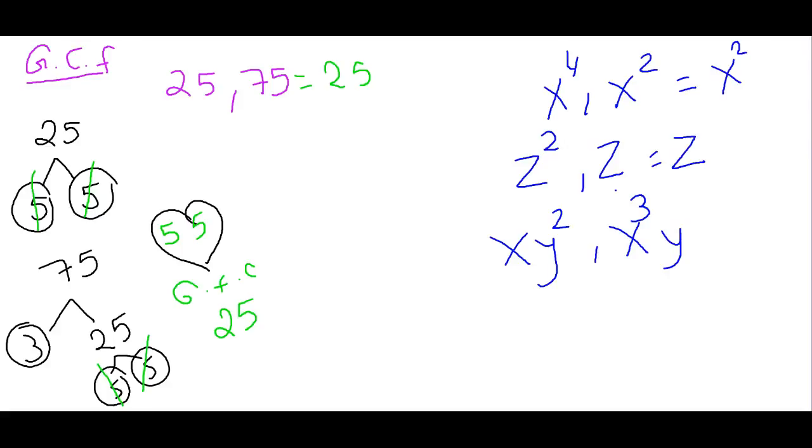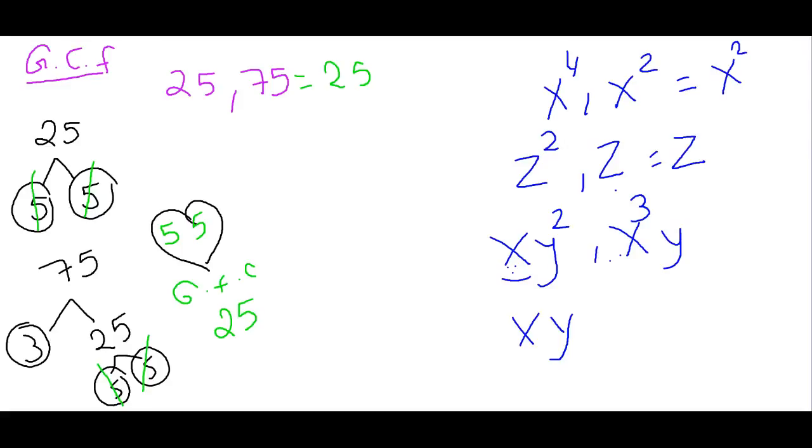You look at each base separately. So let's look at the x's. Who has the smallest power? Well, this x has a power of 1. Let's look at the y's. Y squared and y. Who has the smallest power? Y. So this is your greatest common factor.